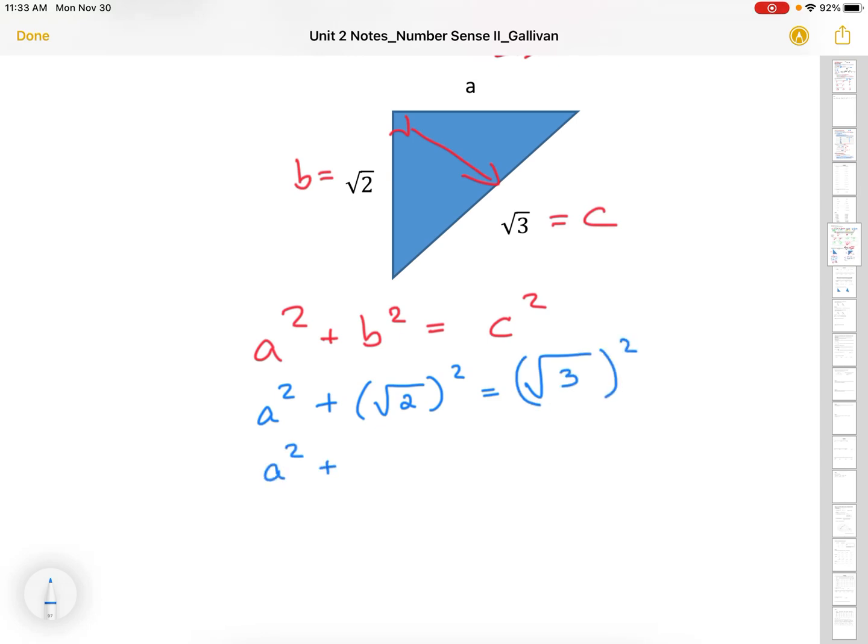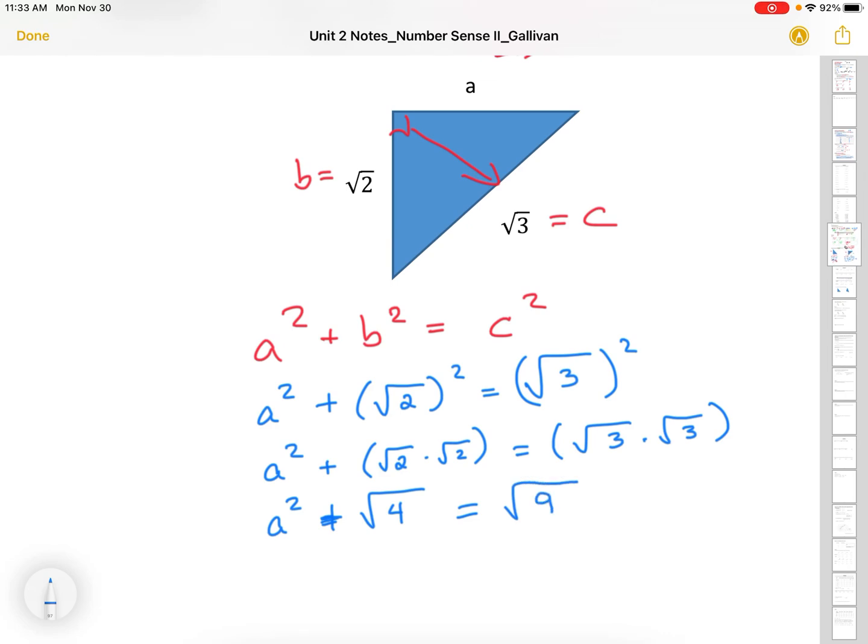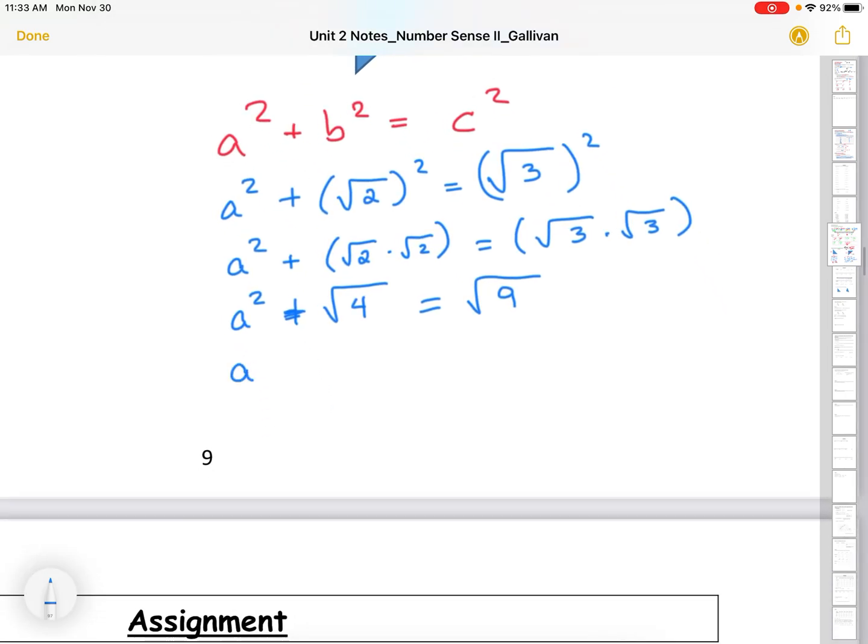Now here's what happens. When I take a square root and I square it, I am going to actually get the number underneath. It would be like going root 2 times root 2, and this would be like root 3 times root 3. So this would be root 2 times root 2 is root 4, and root 3 times root 3 is root 9, right?